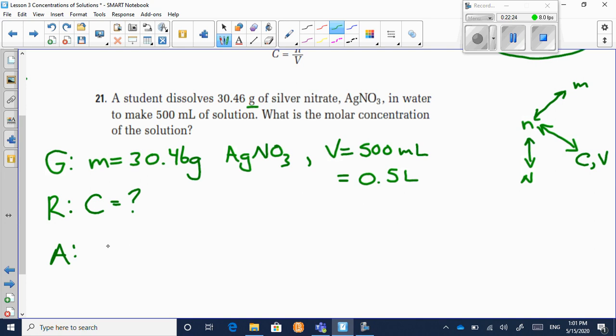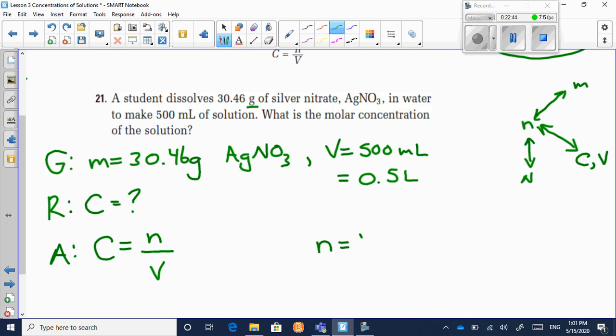Okay, well, my formula is C is equal to N over V. Okay, but I look at that and I go, well, I've got the V that I need, but I don't have an N. Oh, but I've been given a little m, and so I know another formula. I'm going to write it over here.